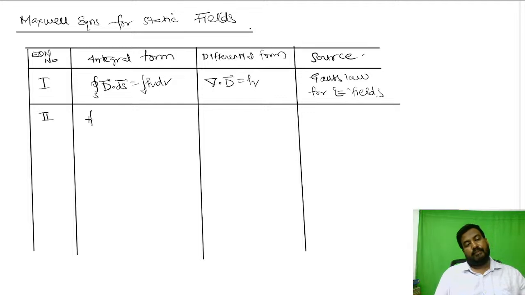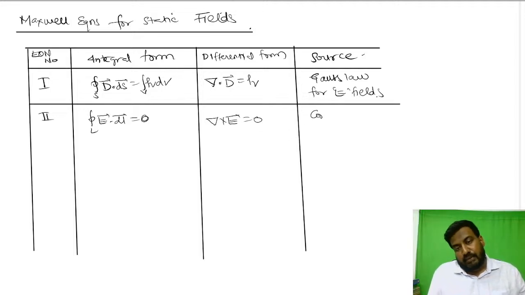Second, closed loop integral E dot dl is 0. Differential form: del cross E is 0. Static electric field is always conservative, or it is an irrotational field. This is from the conservative property of electric field.